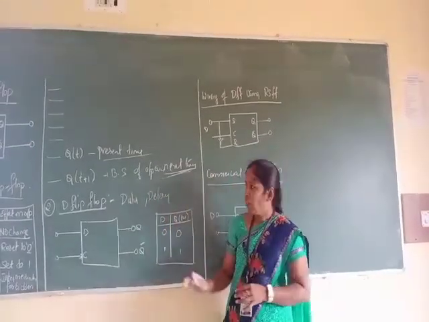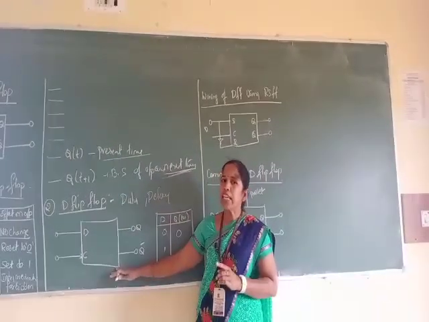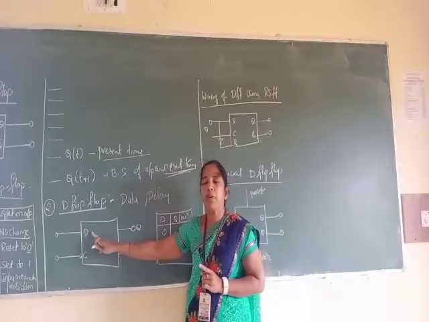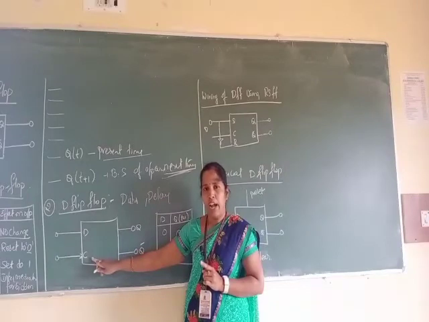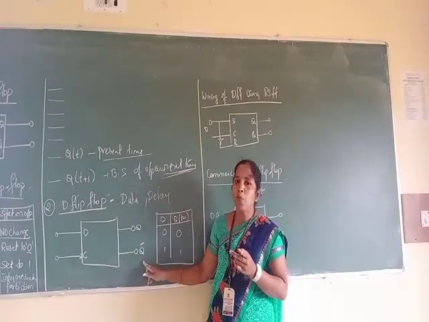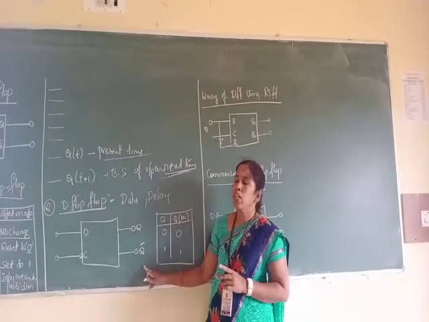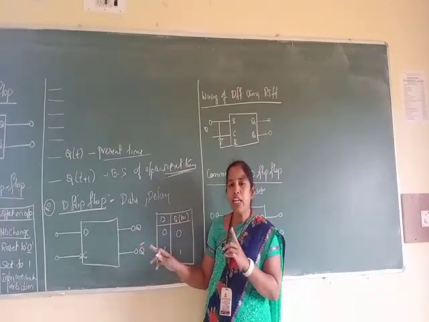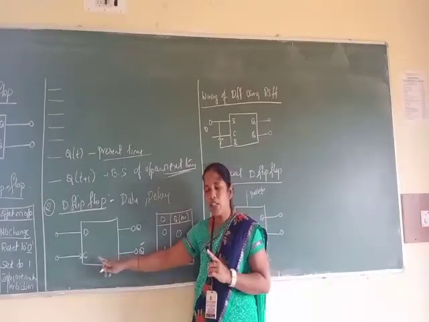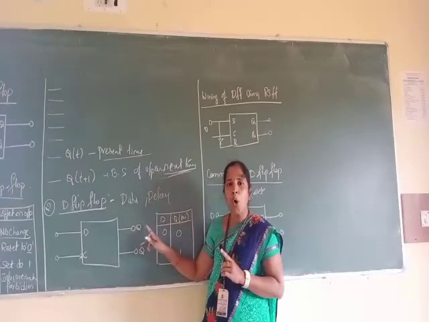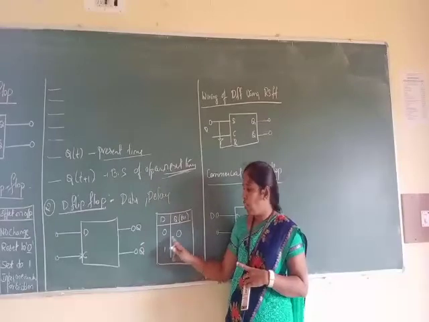It includes the logical symbol, which takes only one input, that is the data input, along with the clock signal, and generates 2 outputs, Q and Q dash, where one is the complement of the other. When D is 0, the output will be 0.